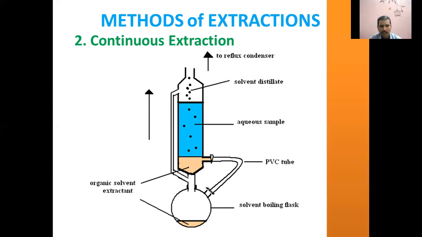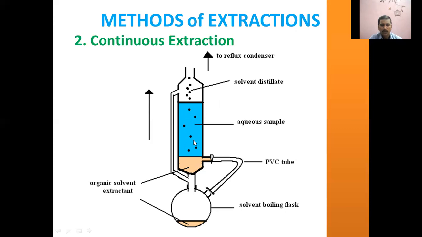If you use a denser organic solvent, it will be lower than the aqueous phase. So in this diagram, I have presented the continuous extraction equipment for extracting the solute by using a denser organic solvent. The solvent denoted by light orange color is the denser organic solvent, and that is why it is below the aqueous phase.